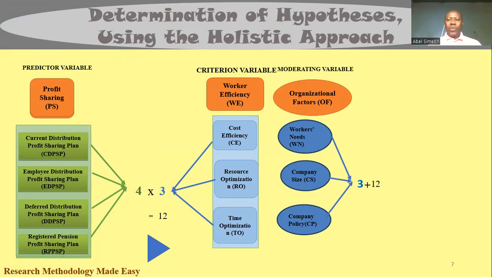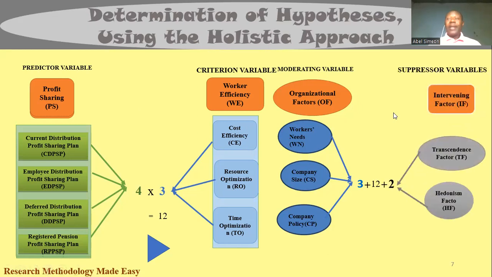Now you add to that the number of suppressor variables. Suppressor variables here are 2. So 12 plus 3 plus 2 is 17. It then means that your number of hypotheses is 17. This is the total number of research hypotheses.